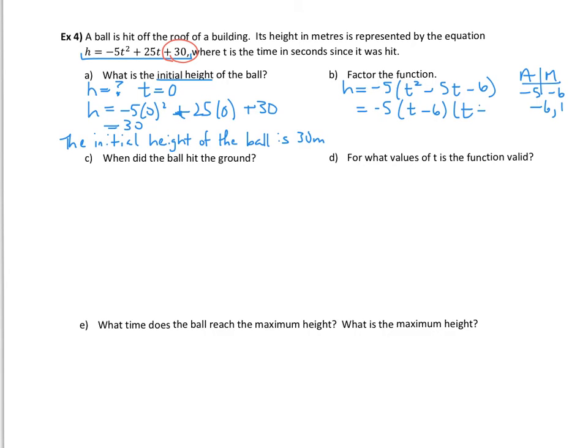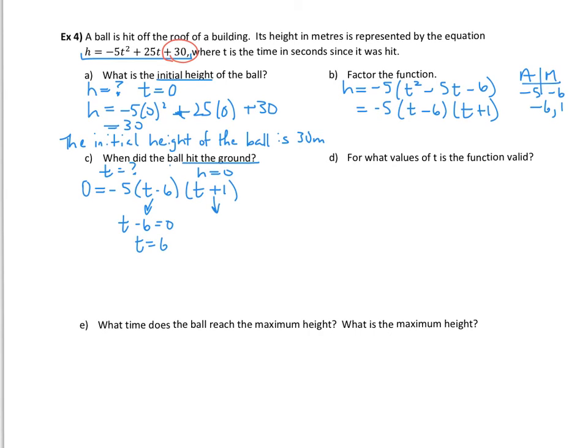All right, and part C says, when does the ball hit the ground? So it's asking the when, so it's t you're trying to figure out, and if it's hitting the ground, the height is equal to 0. So it's really a quadratic equation that we need to solve here. And I'm going to use my factored form since we already have that. And we have our factored form here from part B. So that gives us that t minus 6 equals 0, or t equals 6.